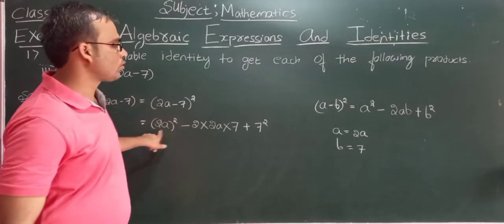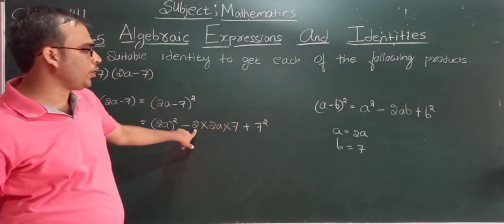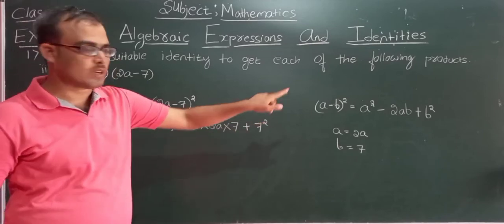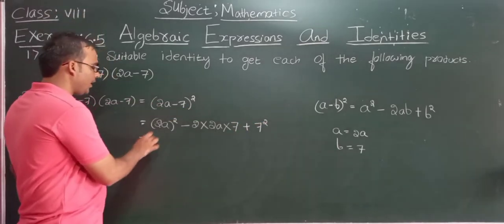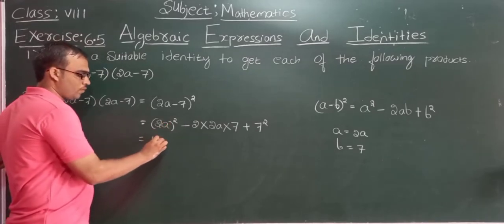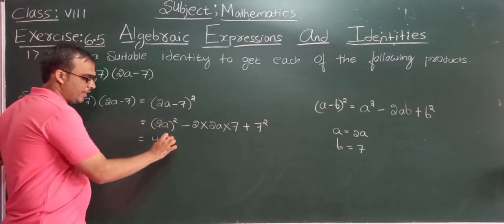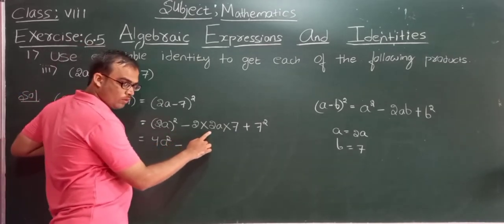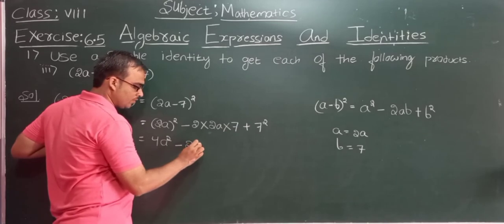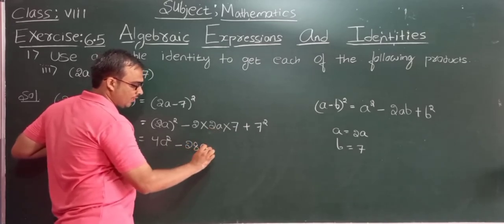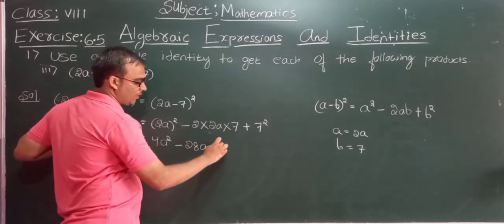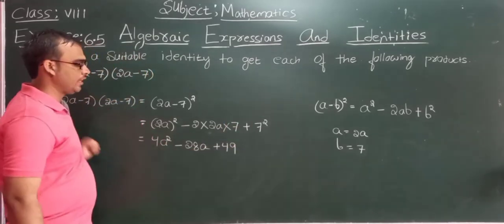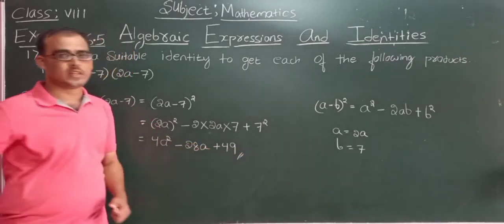Now 2 2s are 4, a into a will be a square, minus 2 2s are 4, 4 7s are 28, next here a is there, plus 49. Okay, so 7 square is what? 7 7s are 49. So this is the solution of the third question.